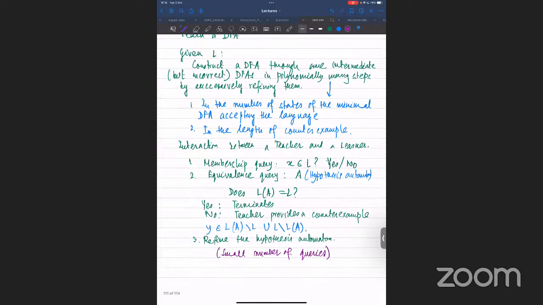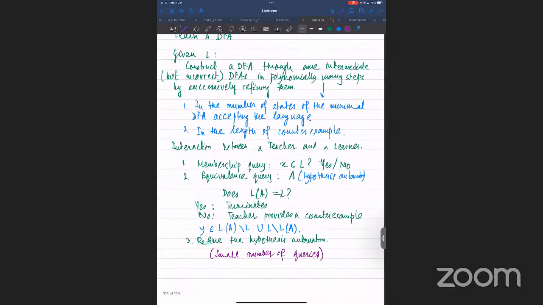Now, let's go into some more details. In order to do this, two sets of strings are maintained. One is a set Q, which corresponds to the set of states of the DFA.